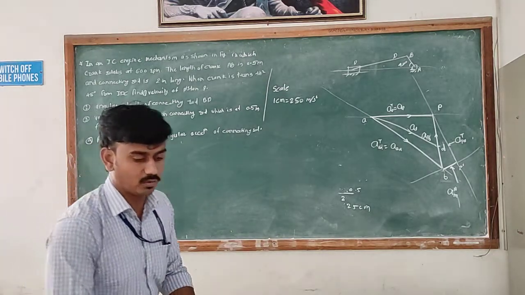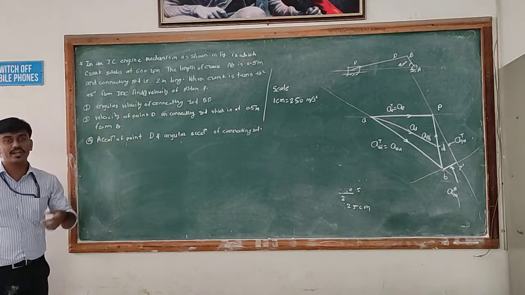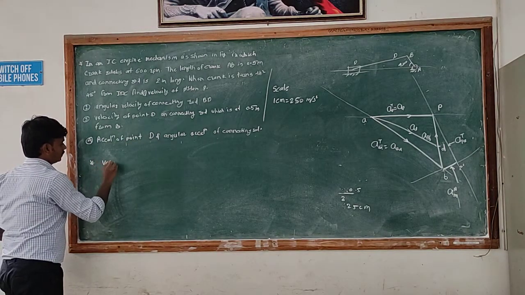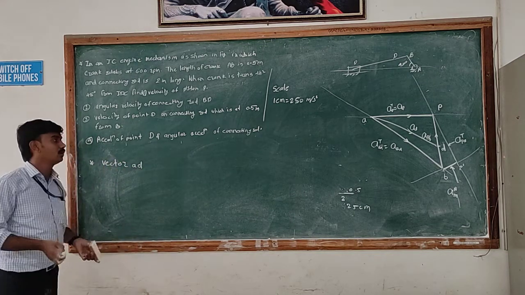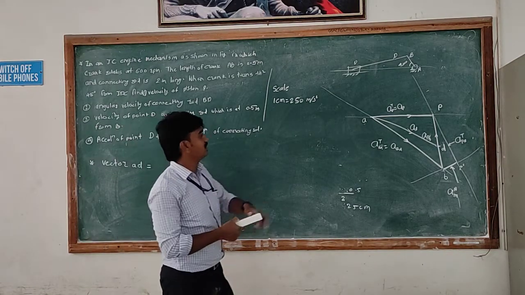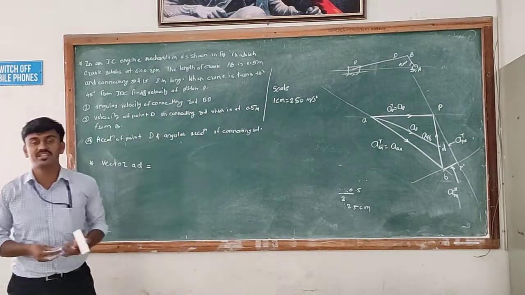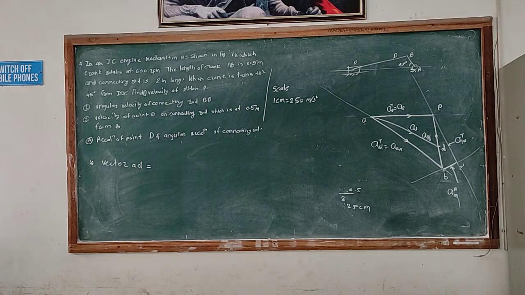So we have to find this fourth quantity, that is the acceleration of the point D. Vector AD: measure this vector AD by using some measuring instrument, that is a scale or protractor.